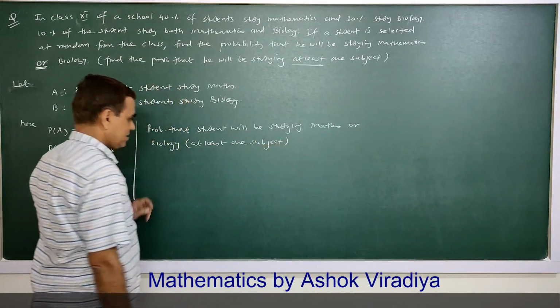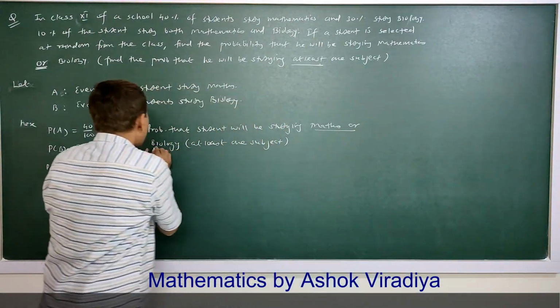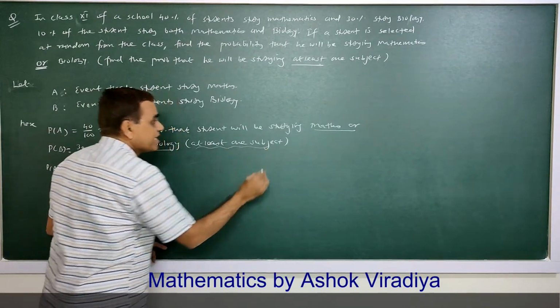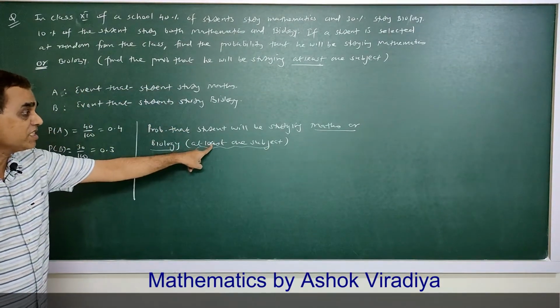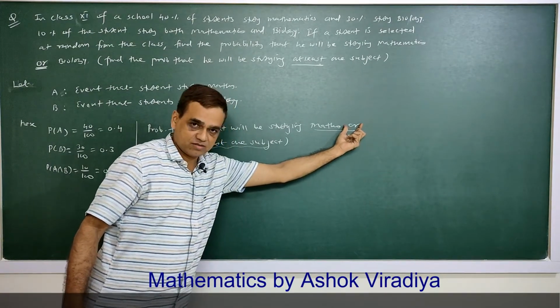The probability that a student will be studying maths or biology means at least one subject. So remember, when the word at least is given, that is a substitute for or.